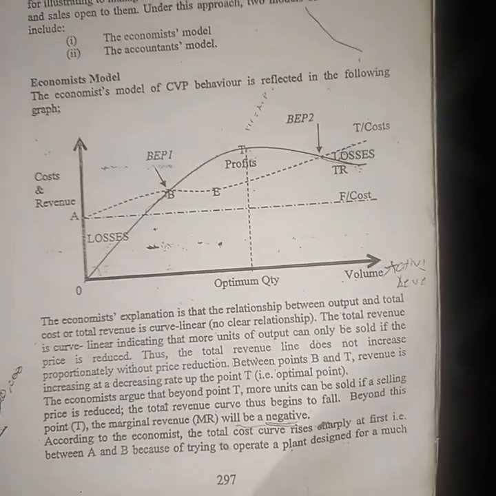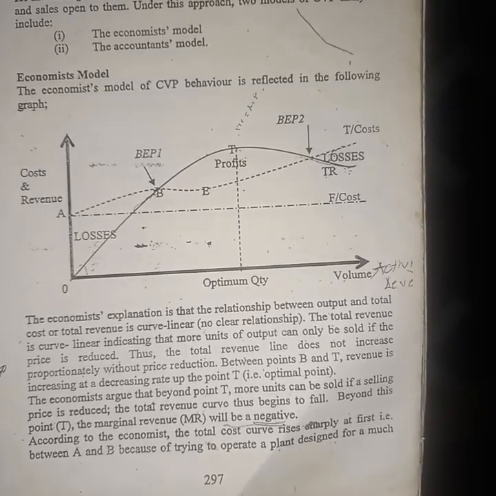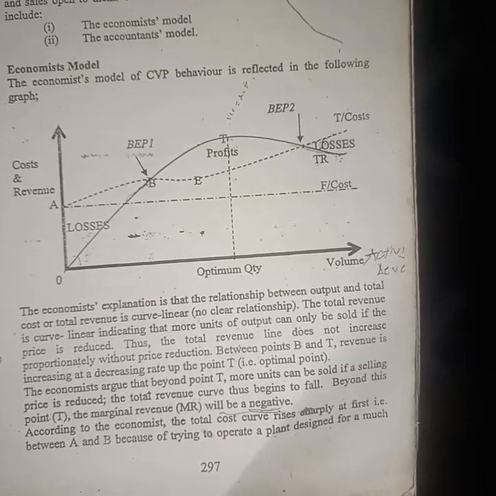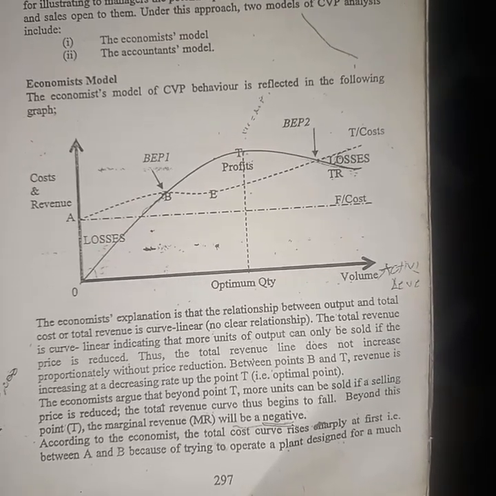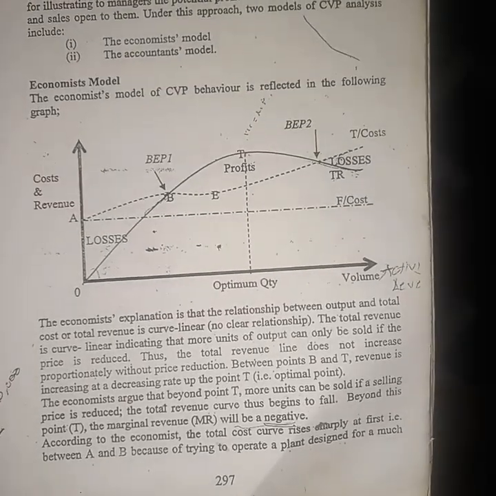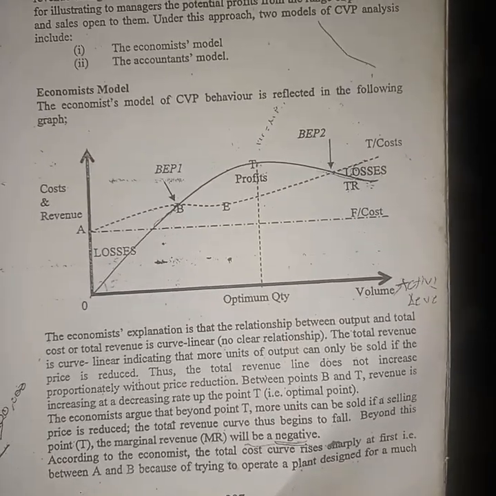So let's go into understanding why this happens. Remember that you're just starting up. From point 0 to B, you're just starting up. A company or a product, when it's just starting up, is in its initial stages.